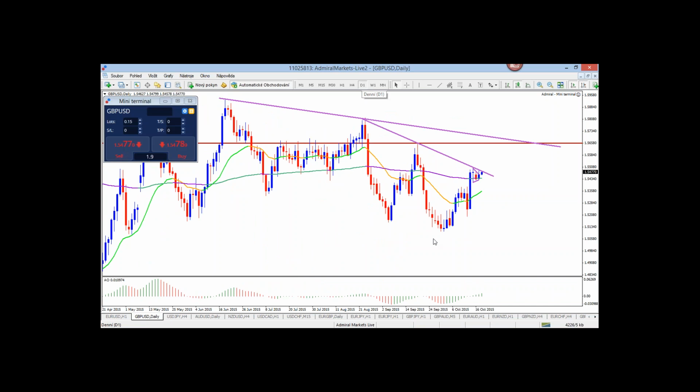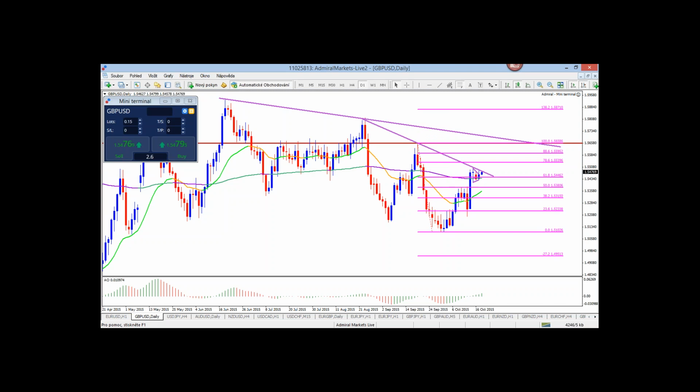On the daily chart, you can see a pretty sturdy retracement up to resistance. This trend line, and if you put a fib from here to here, even with a break of that trend line, we run into the 78 and 88.6 fib, and another trend line. So I'm not expecting this top to break, nor this trend line.